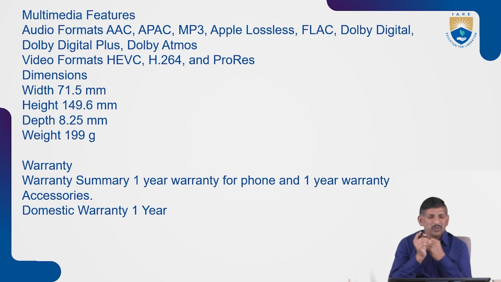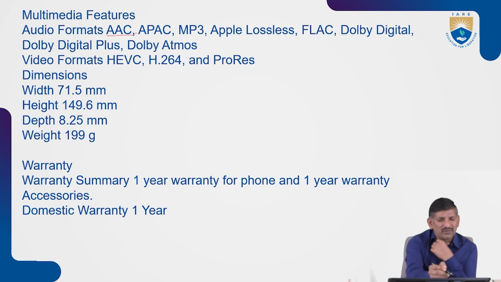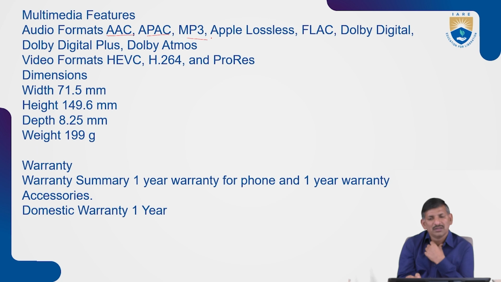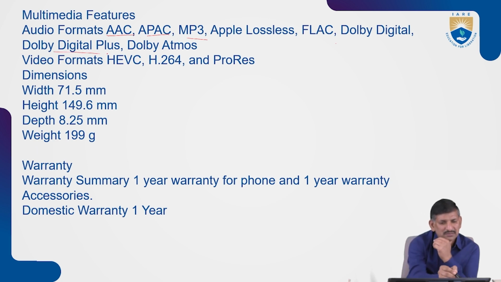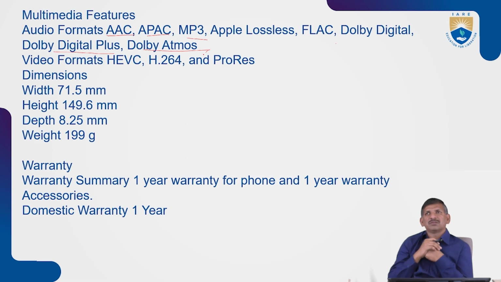That file format should be in AAC format or APC format or MP3 format or Apple Lossless, FLAC, Dolby Digital, Dolby Digital Plus, Dolby Atmos files. All these format audio files will be played.